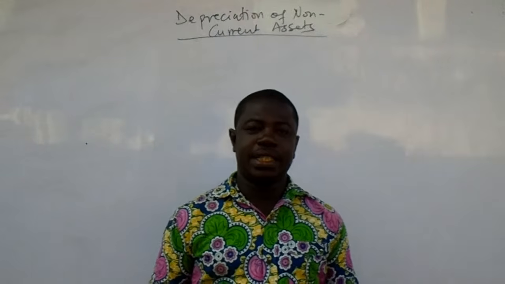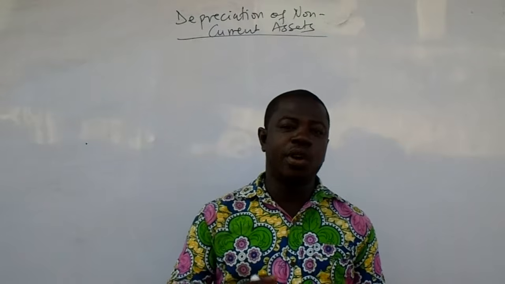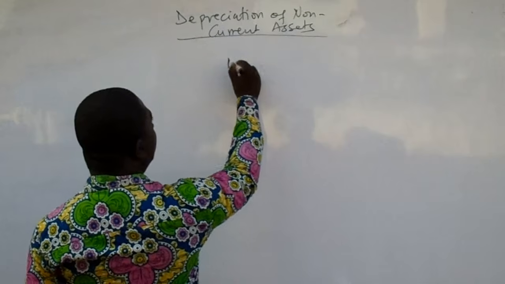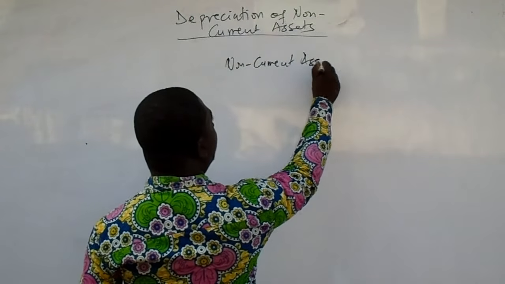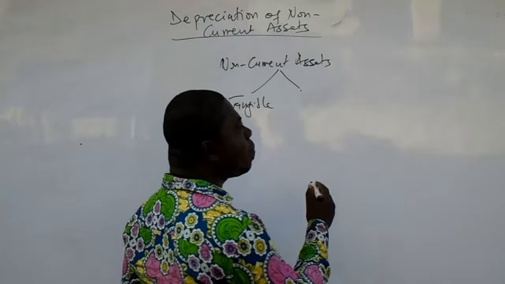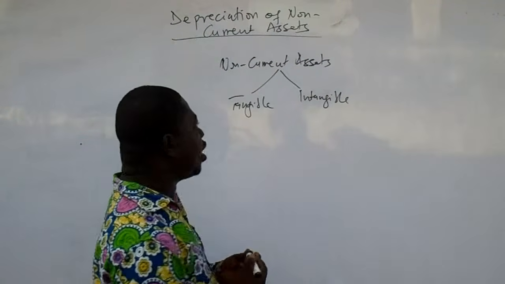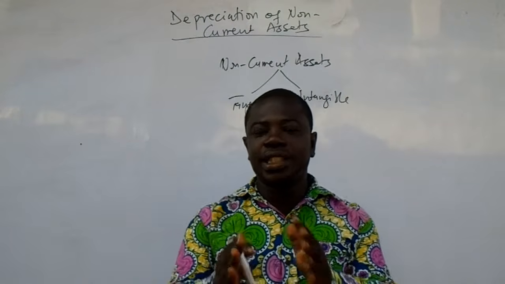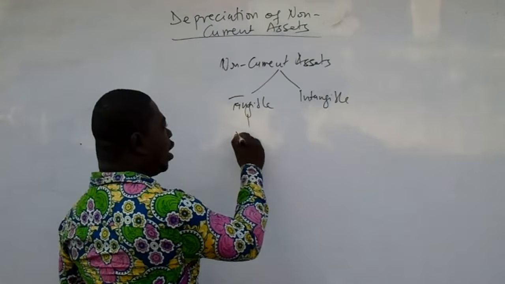Depreciation is the fall in value of a tangible non-current asset. Remember that with non-current assets, we have tangible non-current assets and intangible non-current assets. Now, when the tangible non-current assets lose value, we call that depreciation.